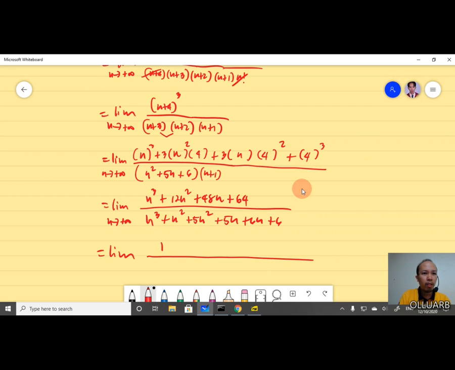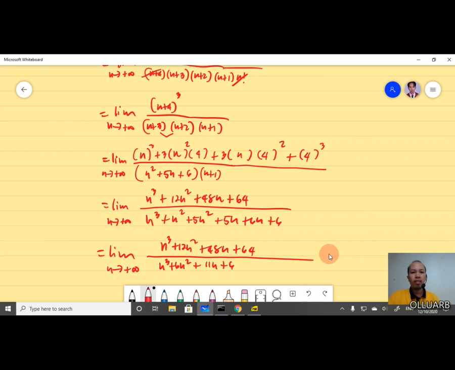Let's simplify. n cubed plus 12n squared plus 48n plus 64, over n cubed, we have the same terms here, plus 6n squared, and then 11n plus 6, as n approaches positive infinity.